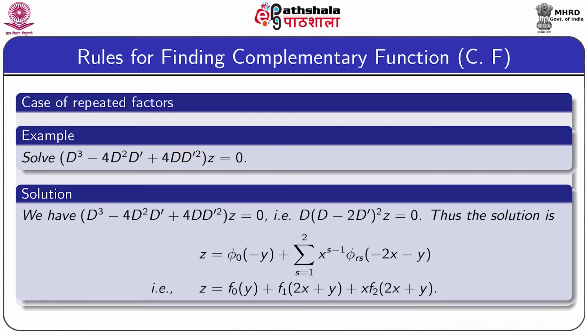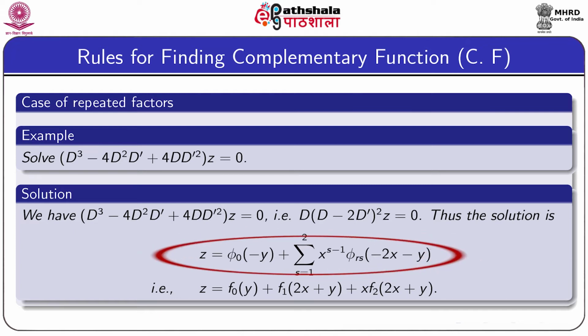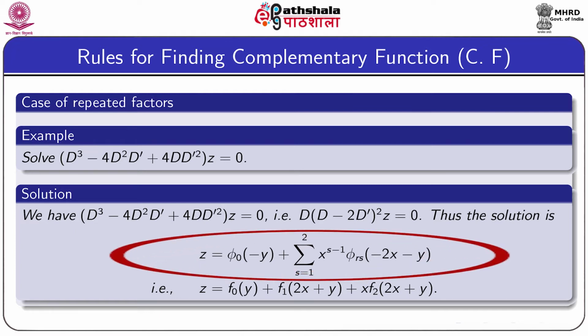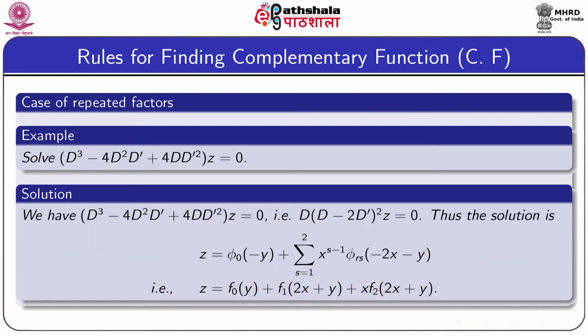One solution, the first one, is z equals φ0 of minus y, which corresponds to the factor D, and there are two unknown functions which correspond to D minus 2D', which is written here as the sum over s of x to the power s minus 1 φrs of (minus 2x minus 2y).